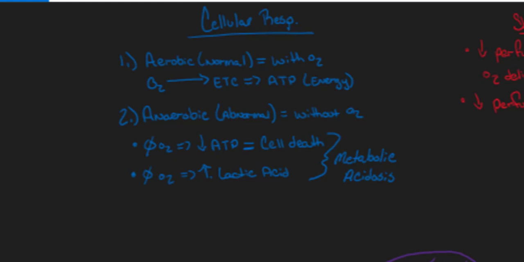So not only do you have cell death, but you also have an increase in lactic acid, which contributes to that cell death. Those combined together gives you metabolic acidosis. Now, there's other forms of metabolic acidosis that we talk about in the medical chapters, but this is metabolic acidosis secondary to shock.